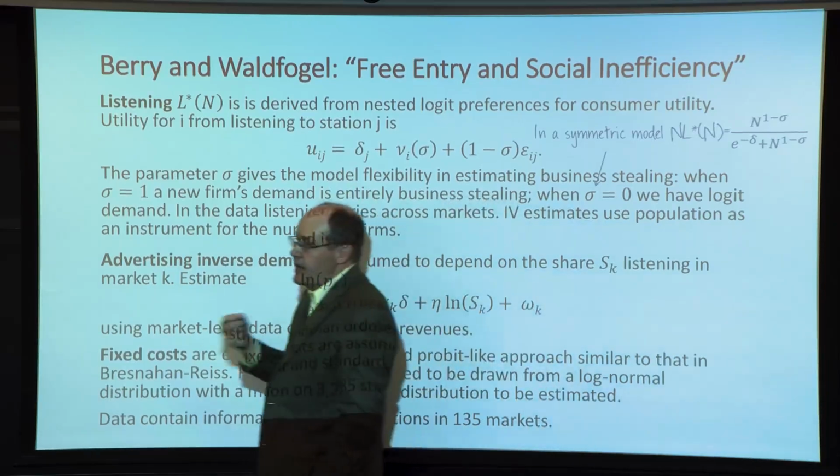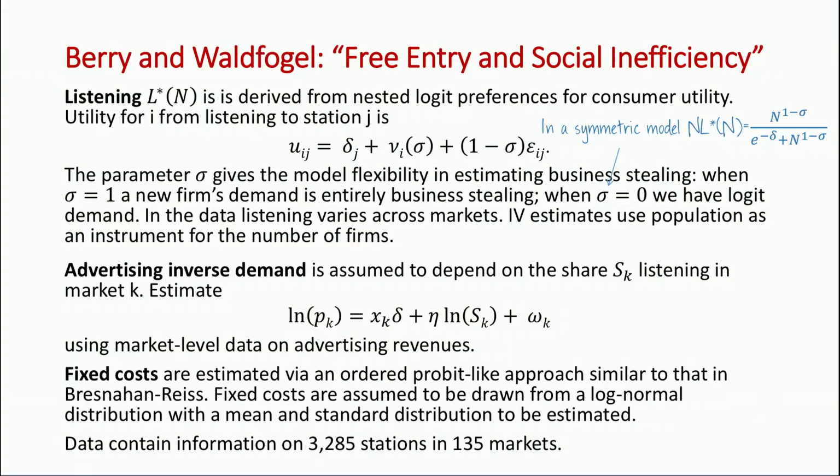It is their taste for music as a whole versus not listening to the radio. So we have two shocks: one common shock that customer i gets regardless of which station they listen to, and a set of idiosyncratic shocks, independent across stations, that you get if and only if you listen to that particular station.